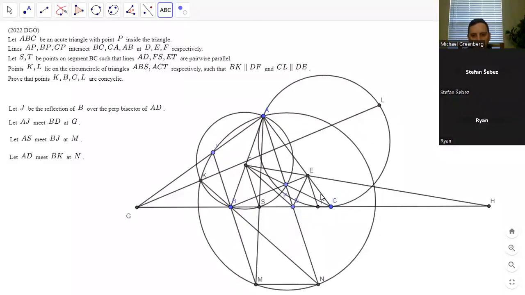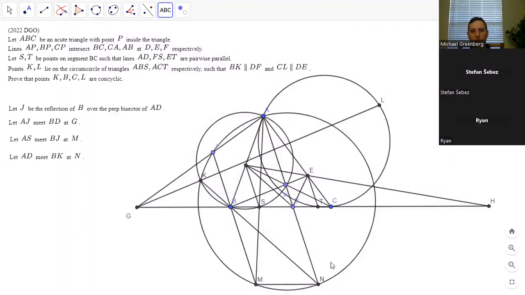Okay, so the first step, we want to show those all lie on a circle. Trying to remember how this goes. We prove that AJMN is cyclic and that AKMN is cyclic.